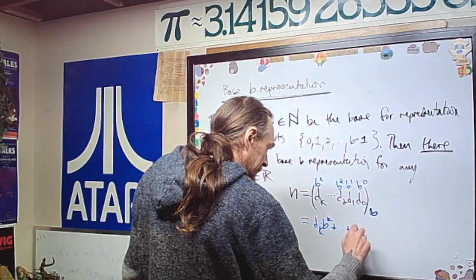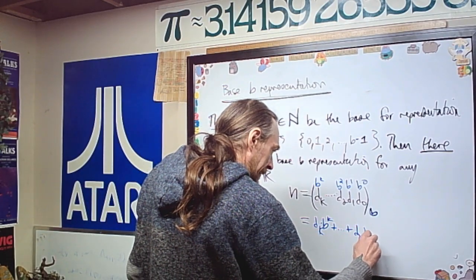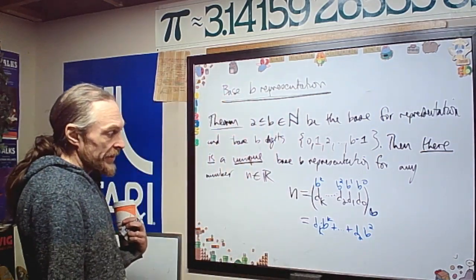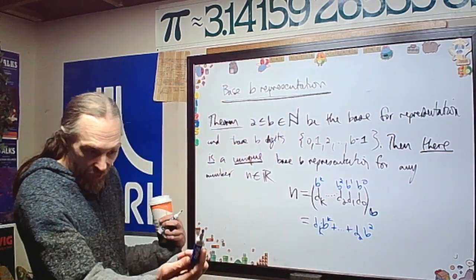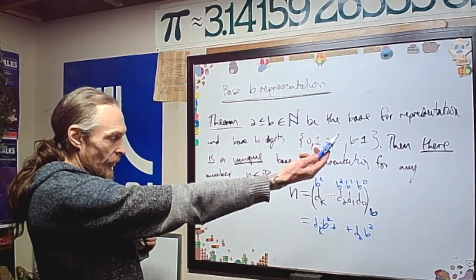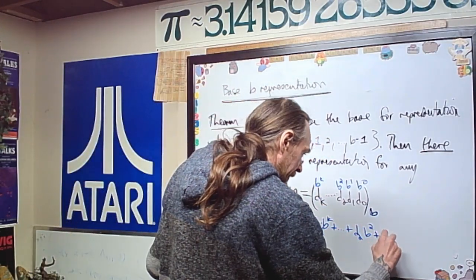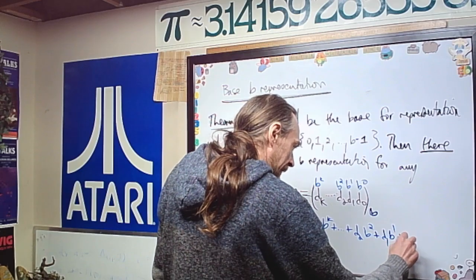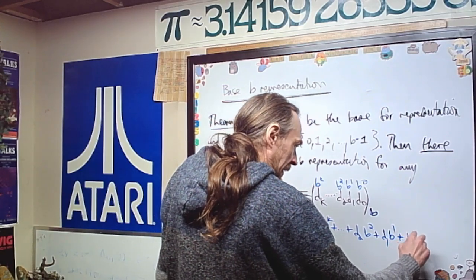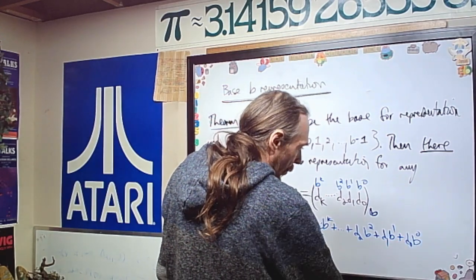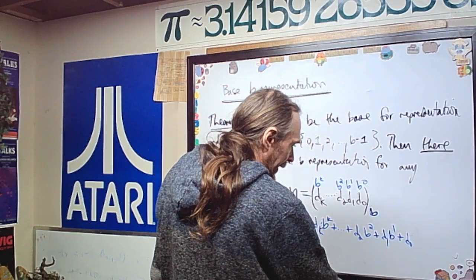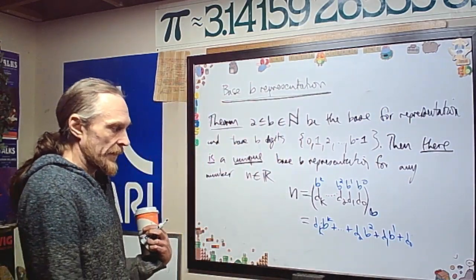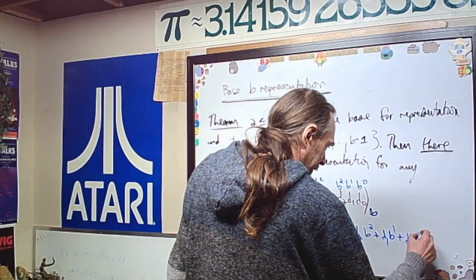So then this would be d2 times b squared. In our language, 10 squared is called 100, 10 cubed is called 1,000. And then this would be d1 times the tens digit, or the b digit, and then d0 is times b to the 0, which is 1, and so they usually leave it off, and that's your 1 spot. They call it the 1 spot because b to the 0 is 1.